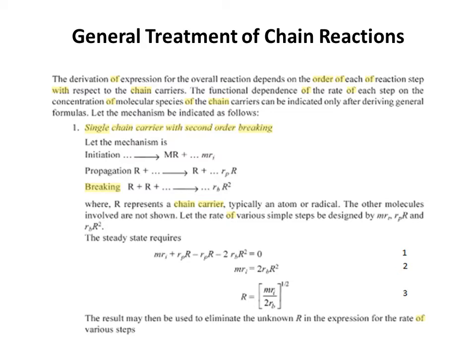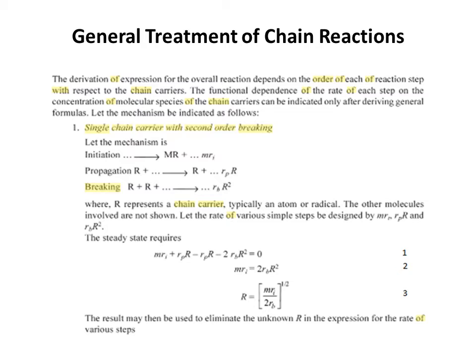The steady state requires that initiation plus propagation minus propagation minus 2 k_B R square is equal to 0. The propagation terms cancel each other. Then the equation becomes initiation minus 2 k_B R square equal to 0. Rearranging, initiation is equal to 2 k_B R square. This is equation number 2.